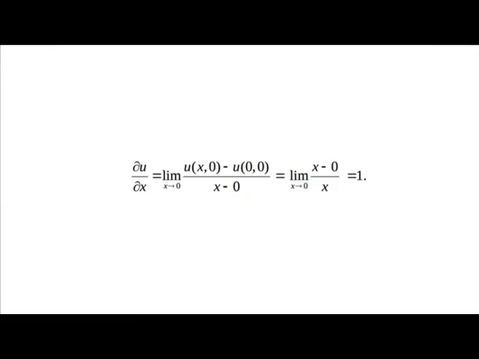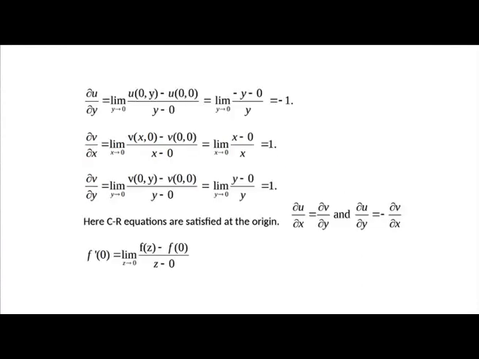What is the definition for ∂u/∂x? It is the limit as x tends to 0 of [u(x,0) - u(0,0)]/(x - 0), which is obviously x/x as x tends to 0, which will give you 1. In the same way, ∂u/∂y, if I go with the limit formula, gives me the limit as y tends to 0 of -y/y, which is -1.